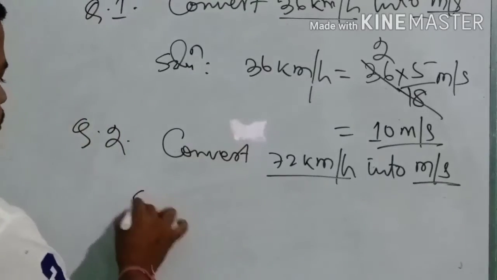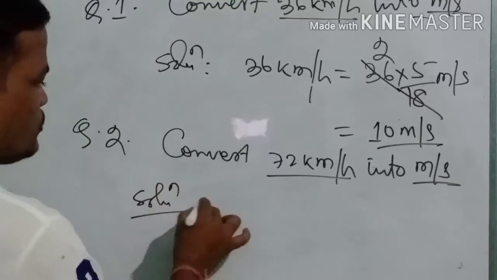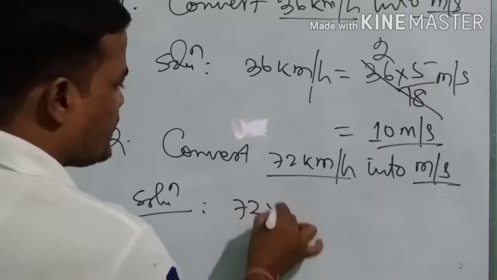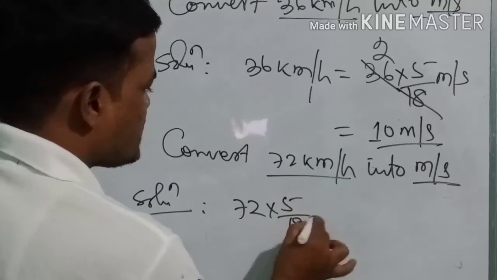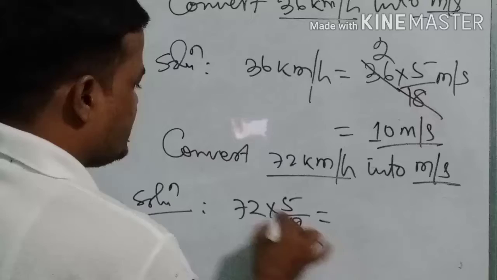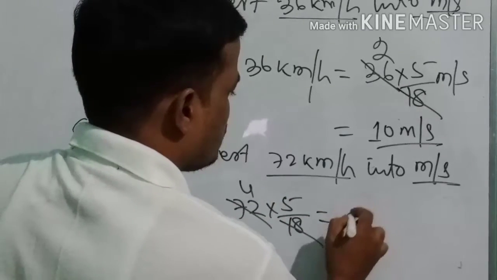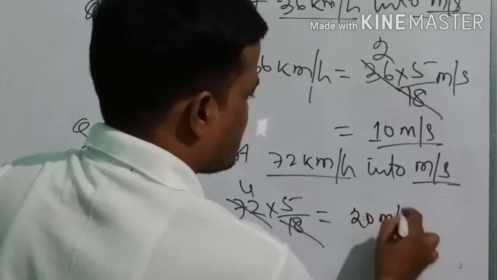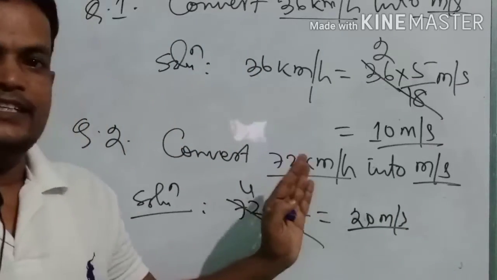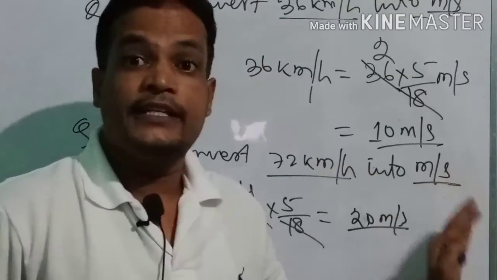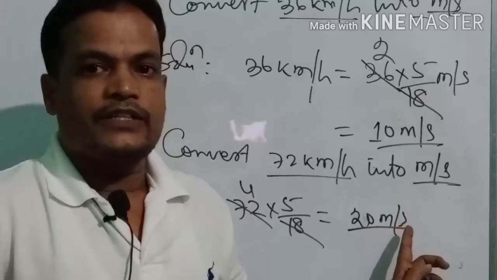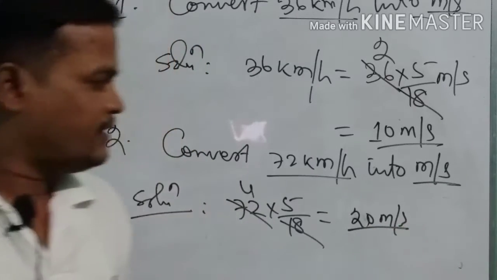Let us see what the solution is. So 72 into 5/18: 18 fours are 72, so 4 into 5 is 20. So 20 meter per second. So friends, 72 kilometer per hour is equal to 20 meter per second. Is it right?